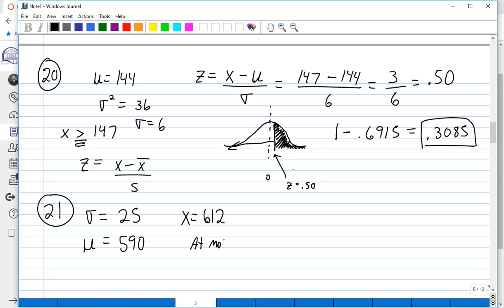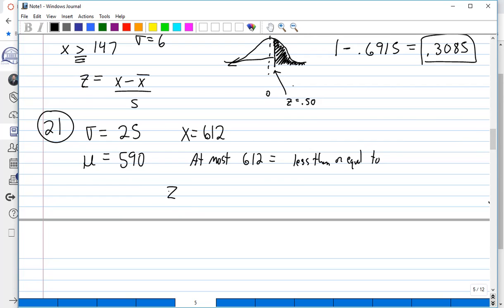At most, 612 would be less than or equal to. So what we want to do is convert that over to a z-score. So z equals x minus mu divided by sigma.